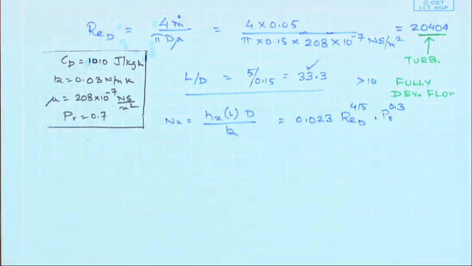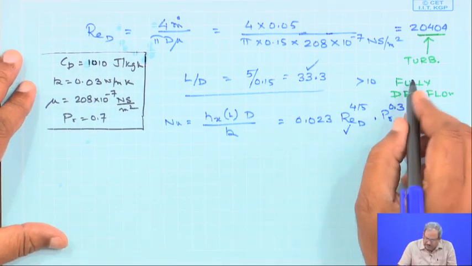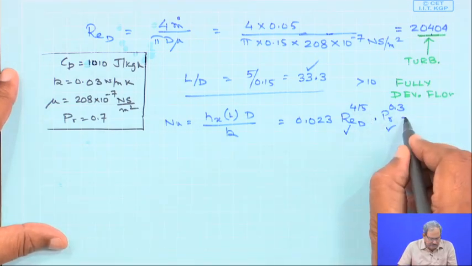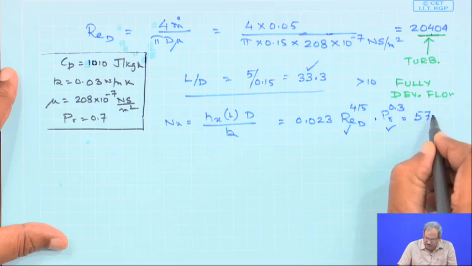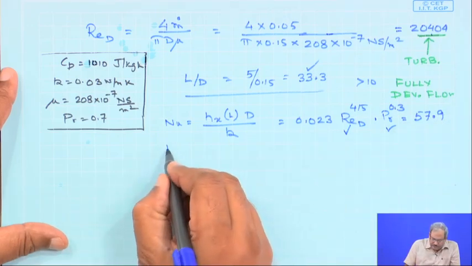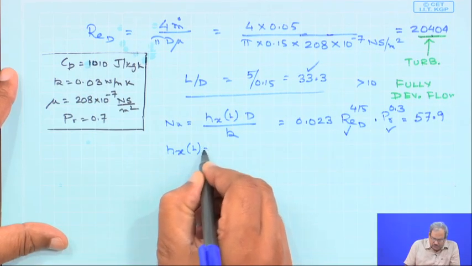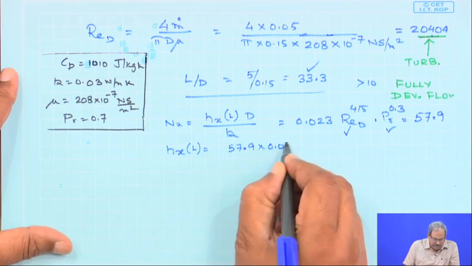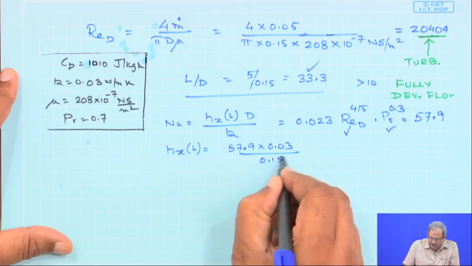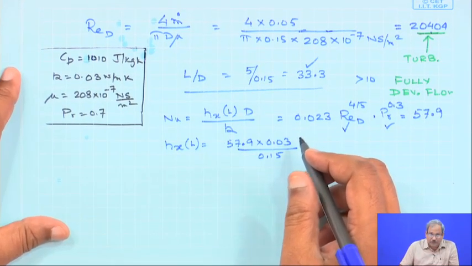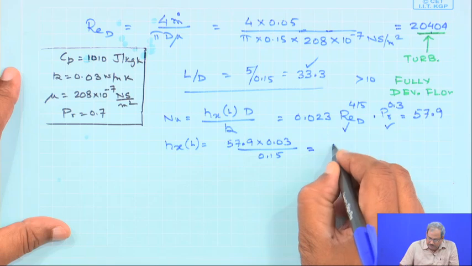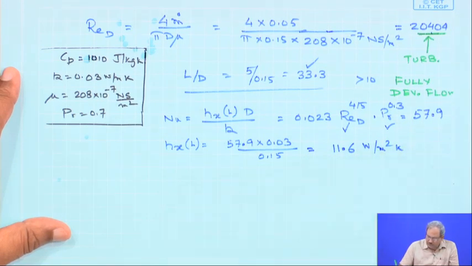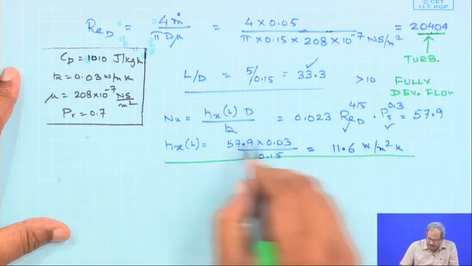When you put the values of Reynolds number and the Prandtl number as 0.7, this turns out to be 57.9. So, h_x at L would be 57.9 into 0.03 by 0.15, using the standard definition of Nusselt number, and this would be 11.6 watt per meter square Kelvin. So, that is the value of the heat transfer coefficient for this specific situation.